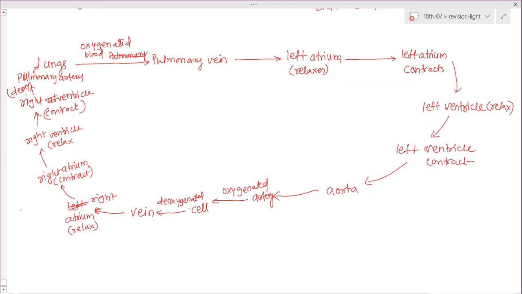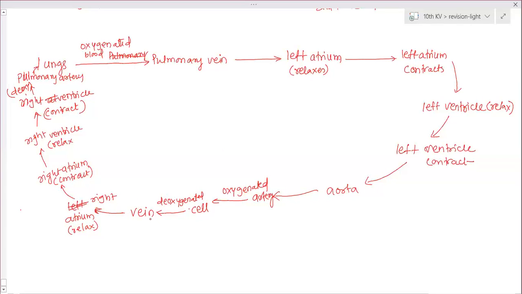When it is relaxed, it will pour into the left ventricle. The left ventricle contracts and passes the blood to the aorta. The aorta passes the blood to the artery, the artery to the arterioles, arterioles to the capillaries. Then capillaries pass the substances and gases to the cell. Then the cell accepts oxygen and gives out carbon dioxide, so that blood becomes deoxygenated.